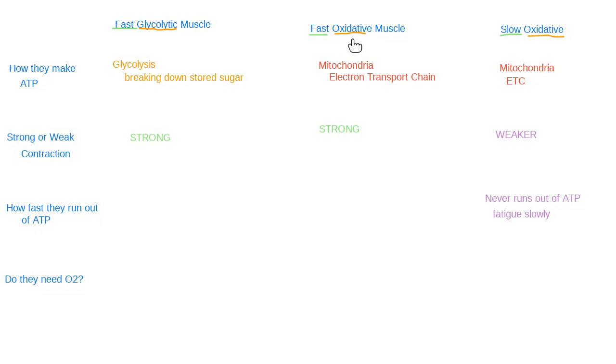We make a lot of ATP, but they will run out of ATP more quickly than a slow oxidative fiber would. So when we're talking about how quickly they'd run out of ATP, we might say eventually they run out of ATP.